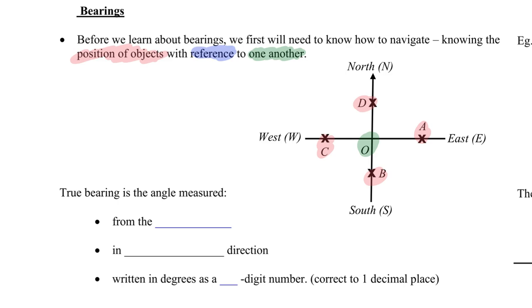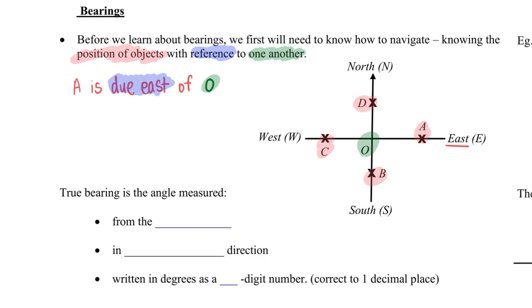A is due east of O. You can see that is the position of A and the reference point is O.